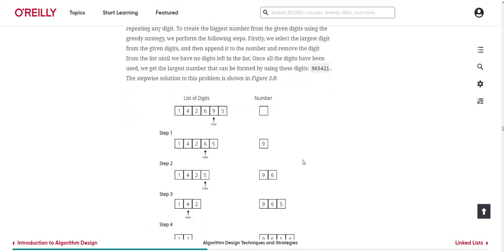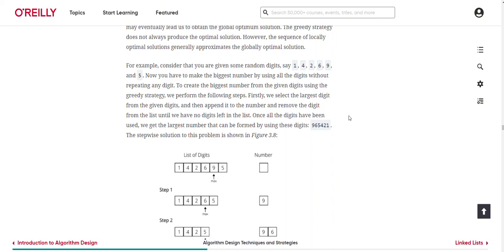So a greedy algorithm, essentially what it means is we look at our problem from different perspectives, break it up into smaller pieces, and we say, all right, I tried this, I tried that, I tried another solution, and I tried those solutions on these little subsets, if you will.